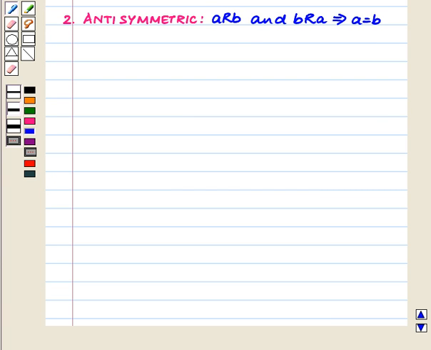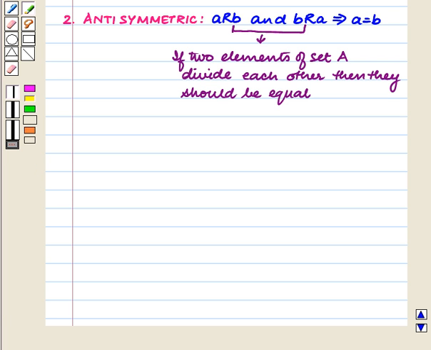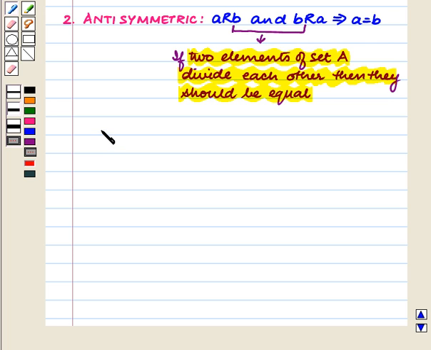Now we have to prove it is antisymmetric, that is, if a is related to b and b is related to a implies a is equal to b. Here we will prove that if two elements of set A divide each other, then they should be equal. In this set, we can see that 1 divides 2, but 2 does not divide 1.